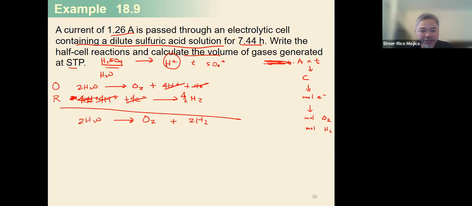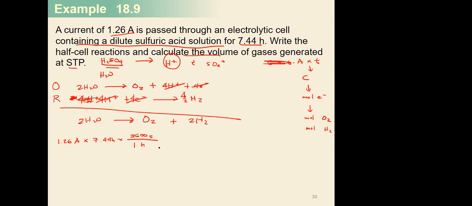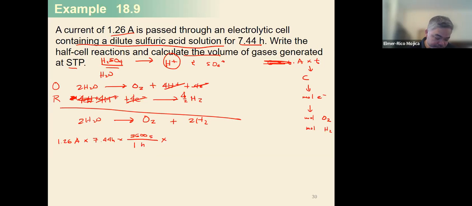So we start with what? 1.26 ampere. First time for you to hear the word ampere. And then 7.44 hours, which you convert to seconds. For every 1 hour you have how many seconds? 60 times 60, 3,600.